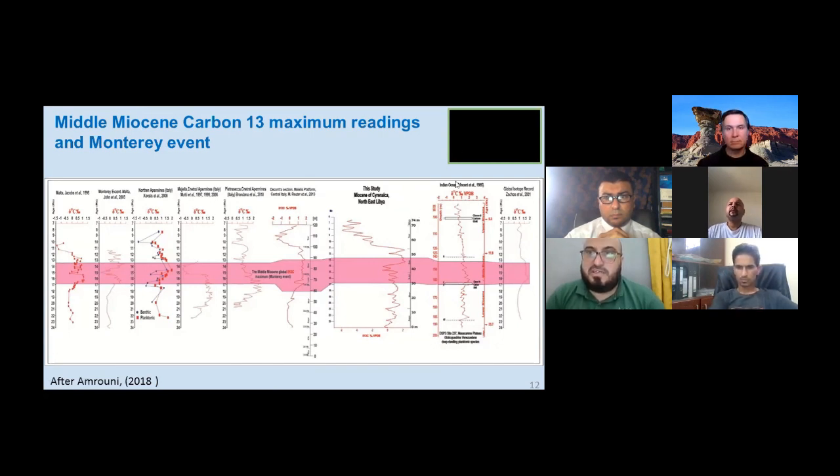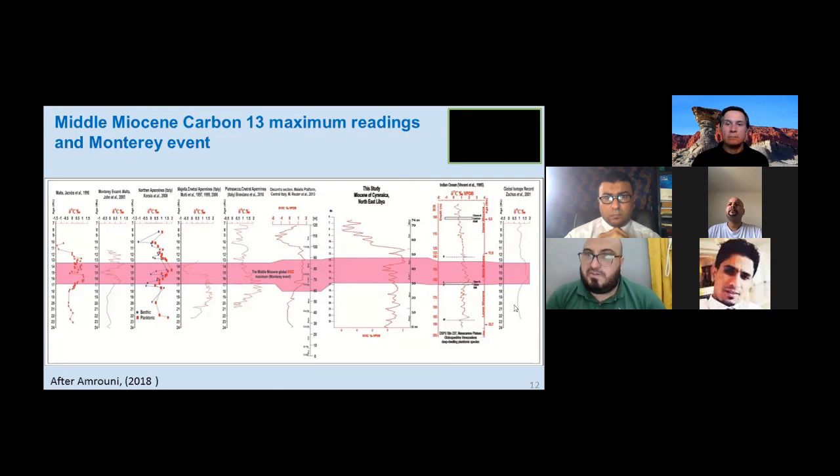You see here the global curve, this is the main curve studied by Zachos, and this is from the Indian Ocean, and this is Cyrenaica, our study area, and the rest the Western Mediterranean countries like Italy, Malta.